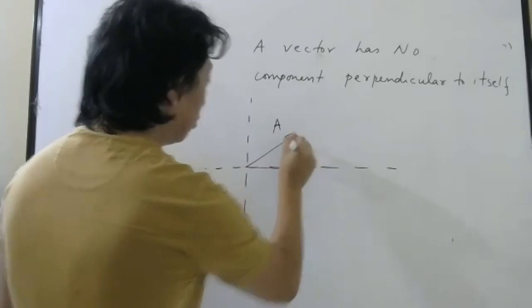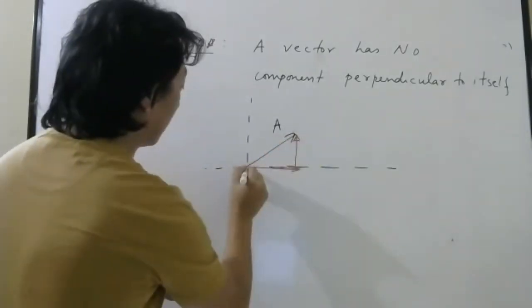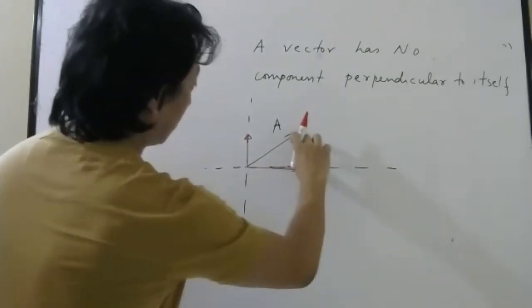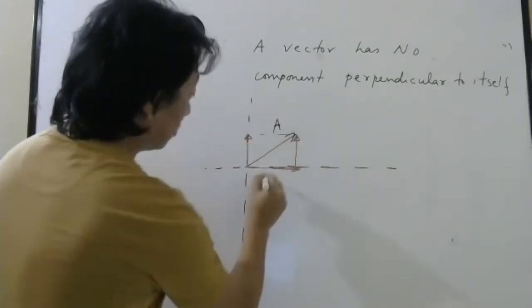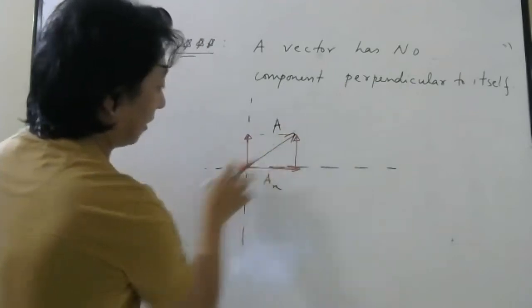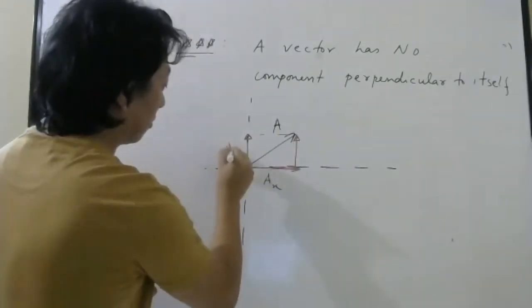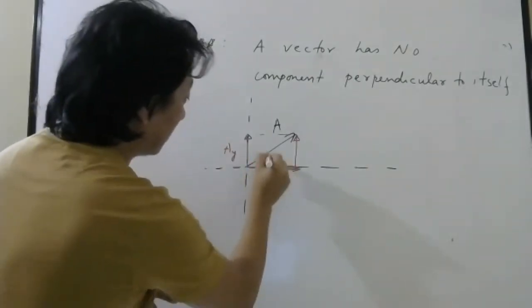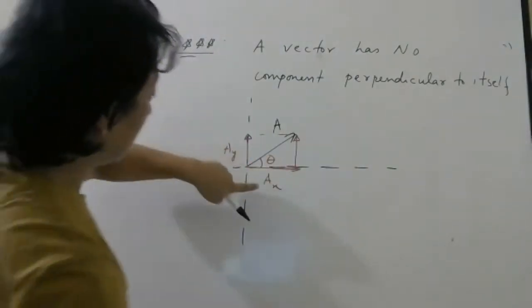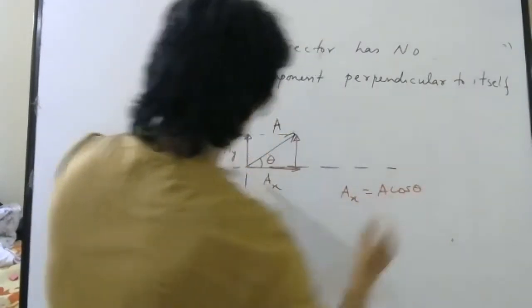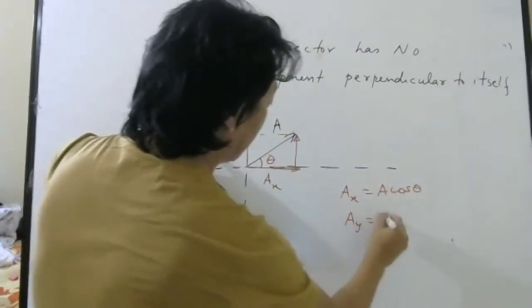You can write there or here, it doesn't matter. This is your x component of A bar and this is your y component of A bar. If this angle is theta, then this AX is A cos theta and this AY is A sin theta.